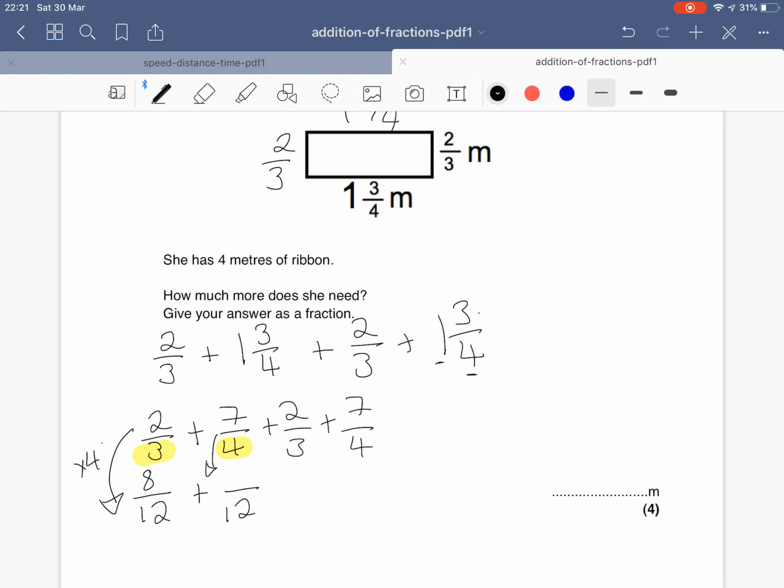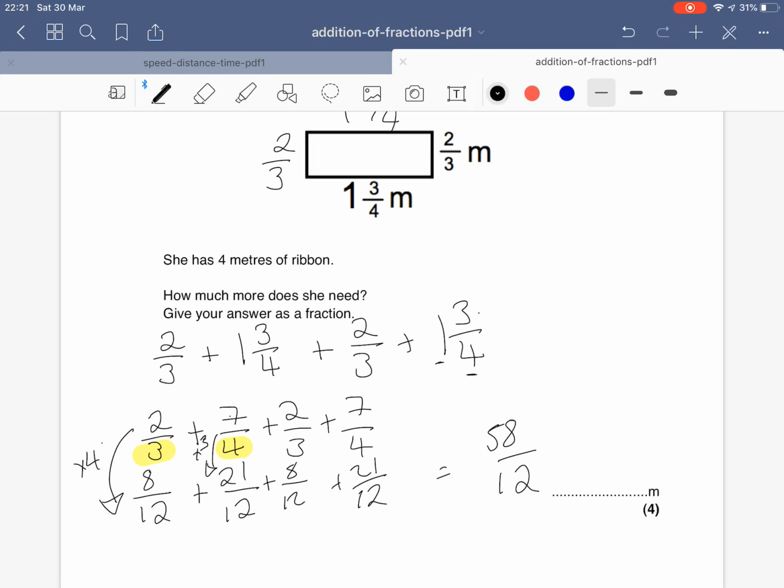How do you go from 4 to 12? You would times by 3. So 3 times 7 is 21. And they would be exactly the same. So we got 21, add 8, add our 8, add our 21, which gives us 42, 50, 58/12.